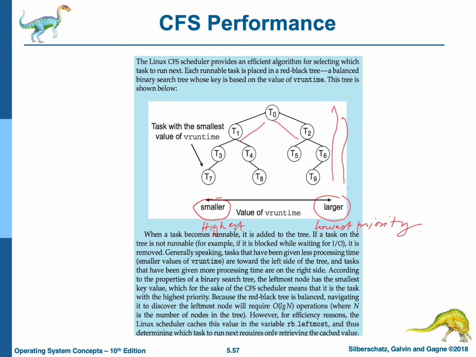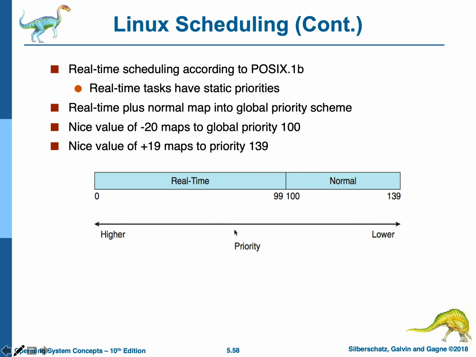Okay, and so this is the CFS in Linux, and also we have real-time and non-real-time systems, where real-time systems have the highest priority and non-real-time systems have the lowest priority. We can see that the time is maybe 100 to 99 and 100 to 139, so the normal priority system has to wait longer. Okay, so this is the priority.